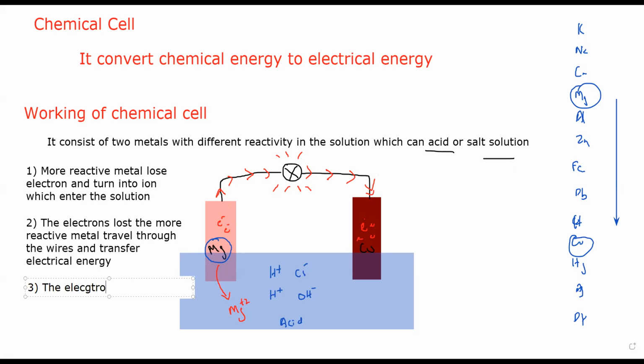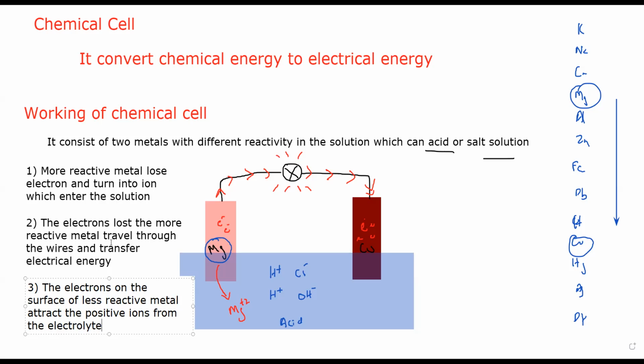The electrons on the surface of the less reactive metal attract the positive ions from the electrolyte.